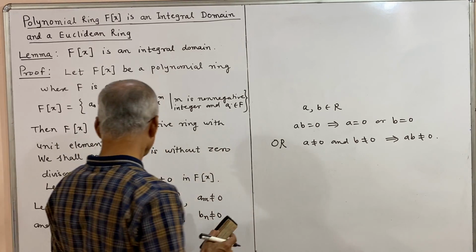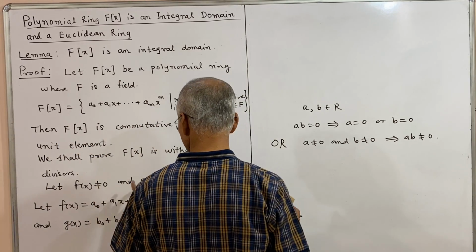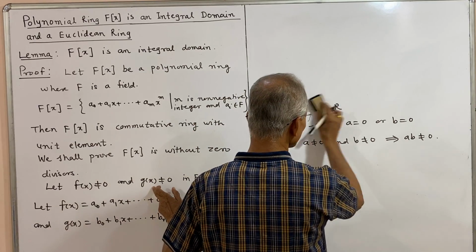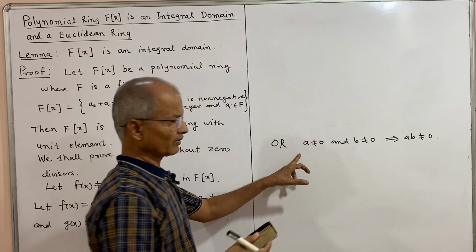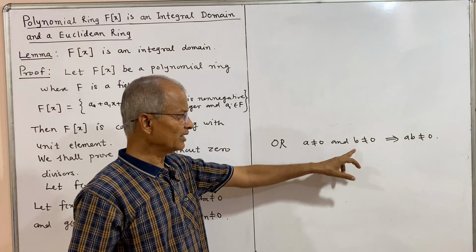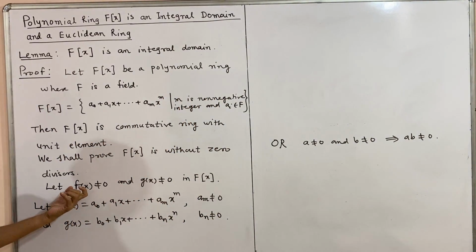So we shall prove that whenever f(x) is not 0 and g(x) is not 0, according to this property, in place of elements a, b, here the elements are f(x) and g(x).